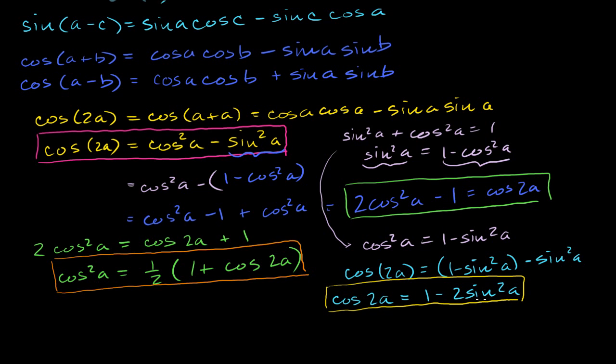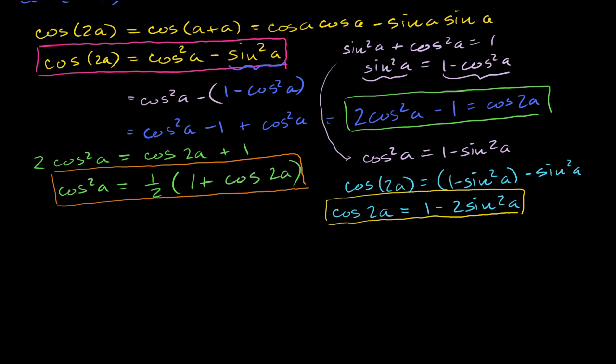Now, if we wanted to solve for sine squared of a, we could add it to both sides of the equation. So let me do that. And I'll just write it here for the sake of saving space. Let me scroll down a little bit. If I just add 2 sine squared of a to both sides of this, I get 2 sine squared of a plus cosine of 2a is equal to 1.